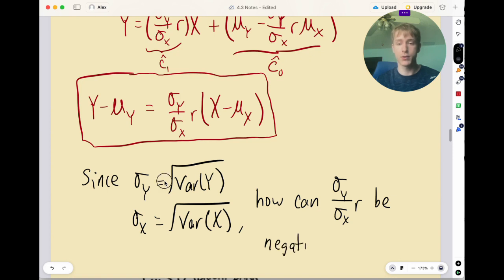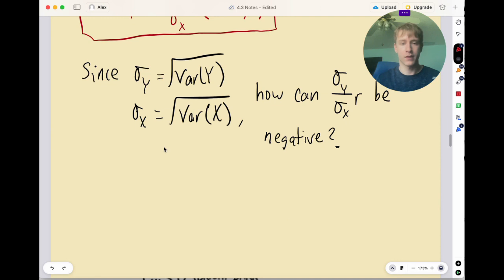Because I want to be able to represent that. Clearly, lines can have negative slopes, so how can that be negative? Well, the only conclusion is that r has to be allowed to be negative. Okay, but we defined r. Okay, so r must be allowed to be negative.